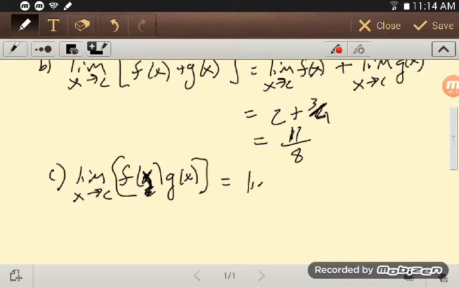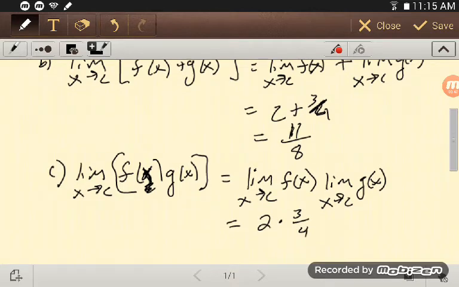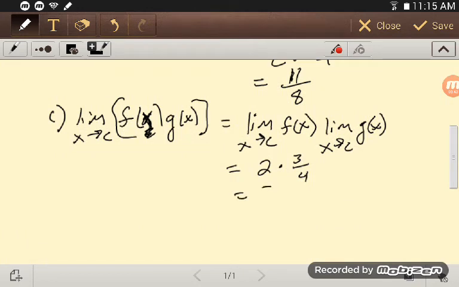And again, I can use my property that as long as those limits both exist, which we were told they do, I can break this up this way. So x goes to c, and so I get my 2 times my 3/4, and so that's 3/2.